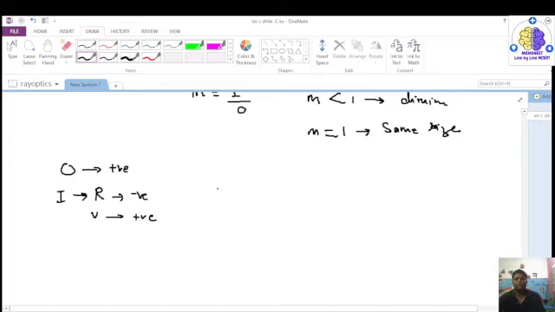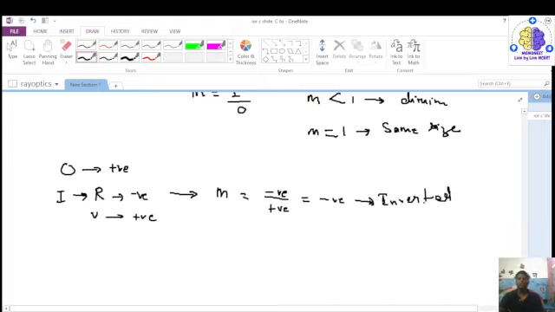So if we talk about linear magnification for the case of a real image, I will be negative and O will be positive, giving us a negative linear magnification, which means the image formed is an inverted image.